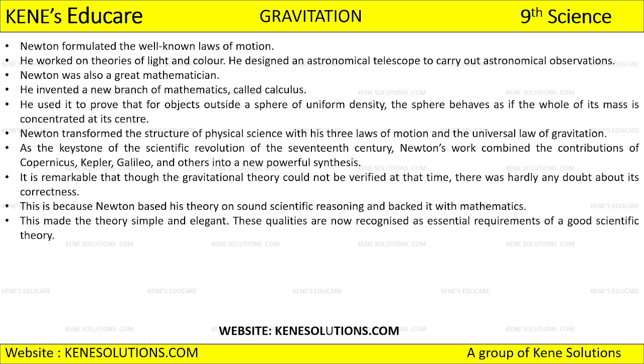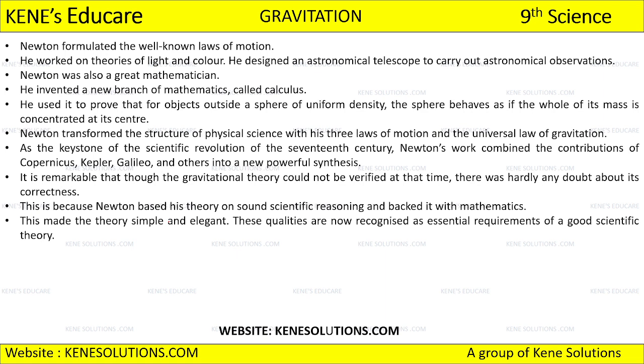Everyone found it correct, because Newton based his theory on sound scientific reasoning and backed it with mathematics. This made the theory simple and elegant. Because of these qualities, they are now recognized as essential requirements of a good scientific theory.